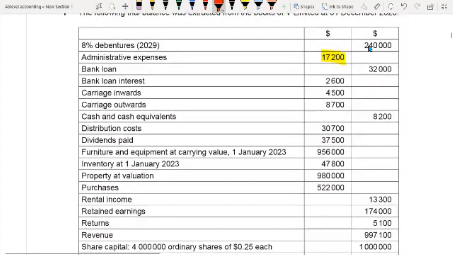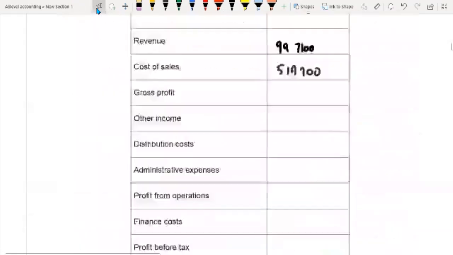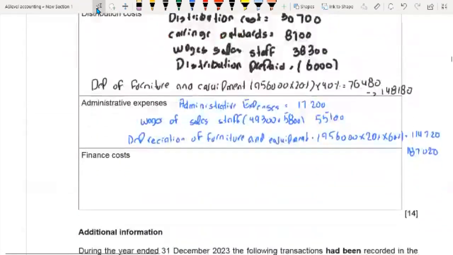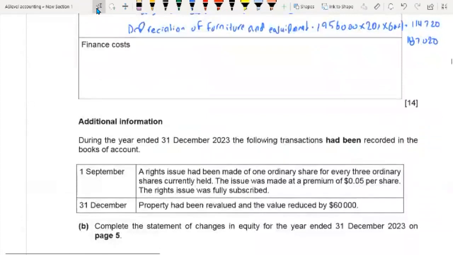that the debentures are 240,000. Okay. And we paid the bank loan interest, which is 2,600. So this would also be a part of the finance cost. So let's see. Yeah.